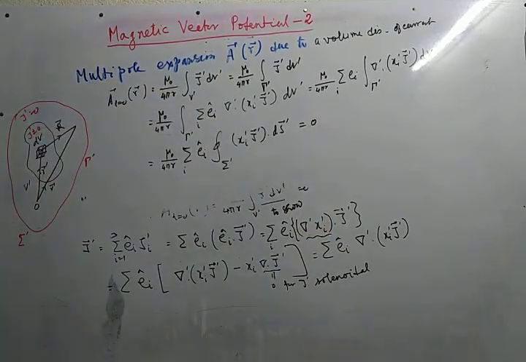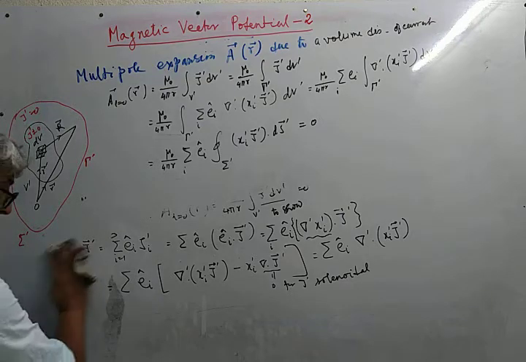So we see that the monopole contribution to the magnetic vector potential is 0 even for volume distribution of current. Only thing is that for a filamentary wire or one-dimensional conductor or for a closed conductor, the calculation is very simple, and for volume distribution the mathematics involved is very tough.